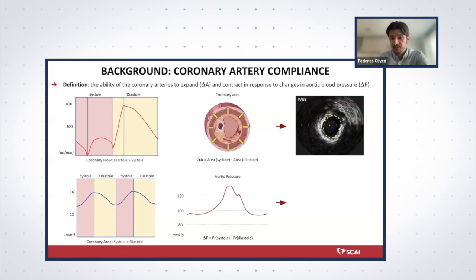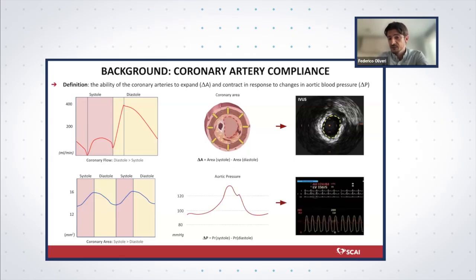In all cath labs, we have invasive measurement of artery pressure, so it is quite easy to calculate the modification of pressure in systole and diastole. And this is the formula of coronary artery compliance.